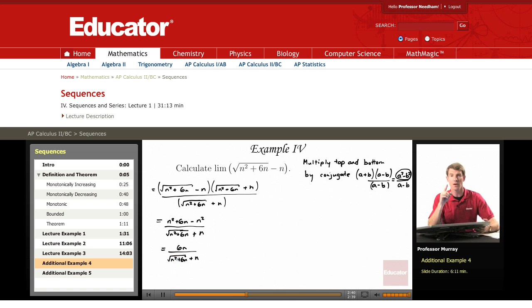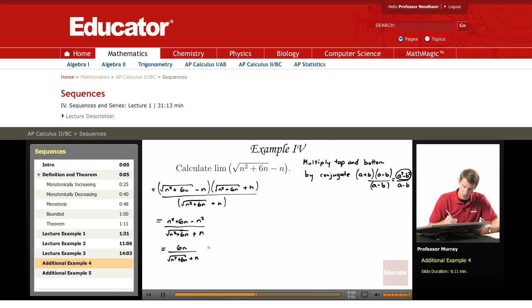Now, we're not done yet because it's not so obvious what this does. We have 6n in the numerator, some square root stuff in the denominator. The key thing, remember, is to look at the top and bottom and see what the biggest thing is in both the numerator and the denominator.